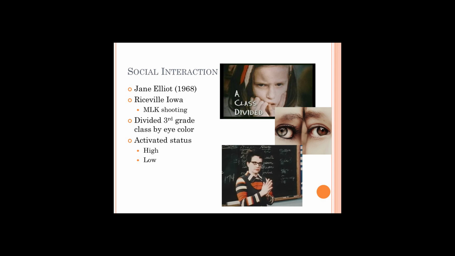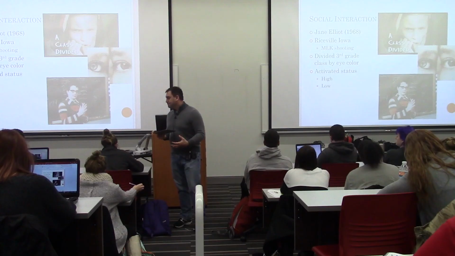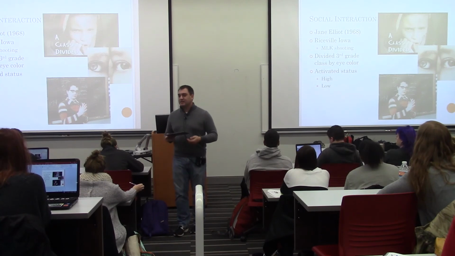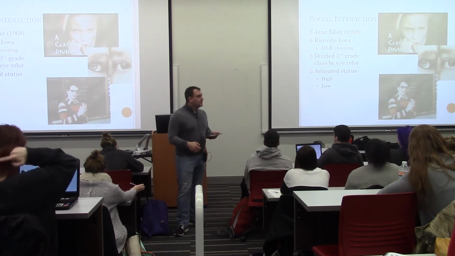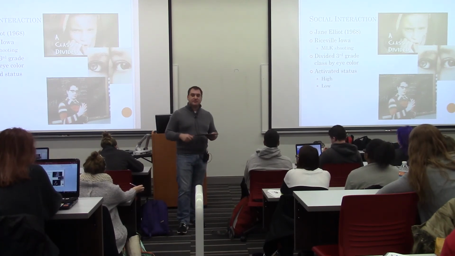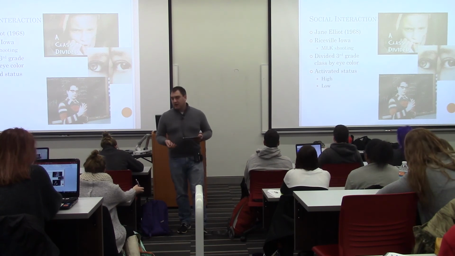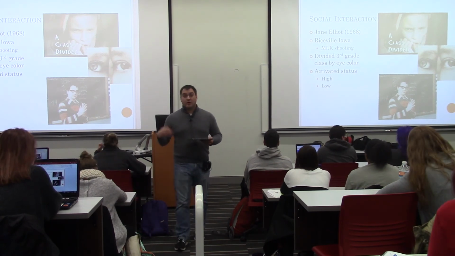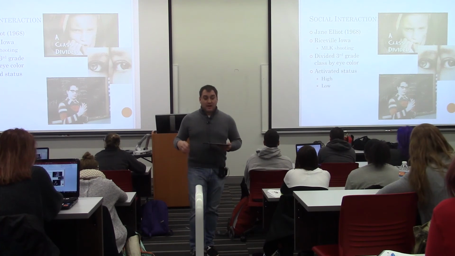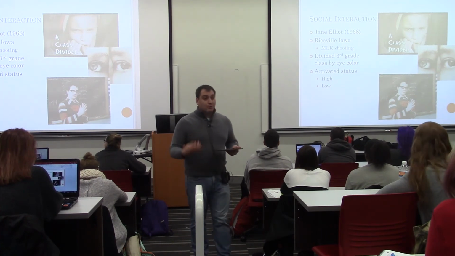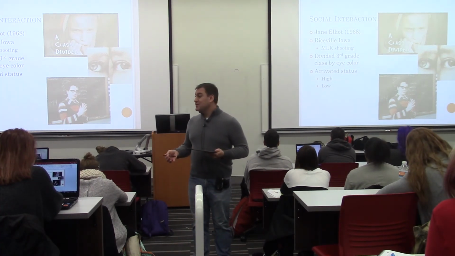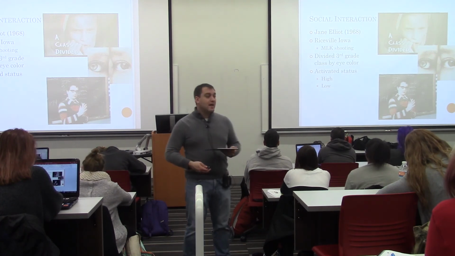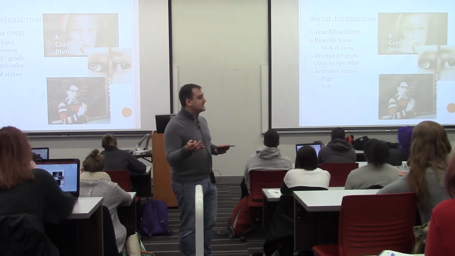And if you recall 1968, a very important historical event, it was the assassination of Martin Luther King. Right? MLK was assassinated in 1968. So Jane Elliot wants to come in and give a discussion or a lesson on race in her third grade Riceville, Iowa classroom. Importantly, Jane Elliot notices that there are, in fact, no black students in her class at all.